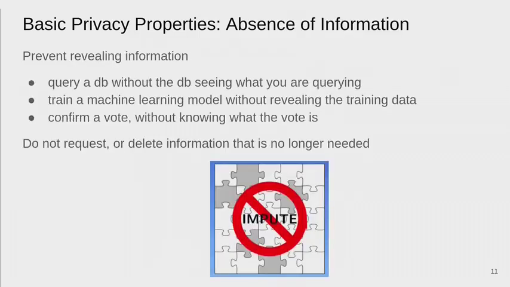For privacy, one of the basic properties and one of the ideals to look at is just absence of information. So ideally, when you're designing a system that is privacy aware, you should try to not store data. Your main goal should be to minimize the amount of data that you store. And this is a very European approach to data processing.